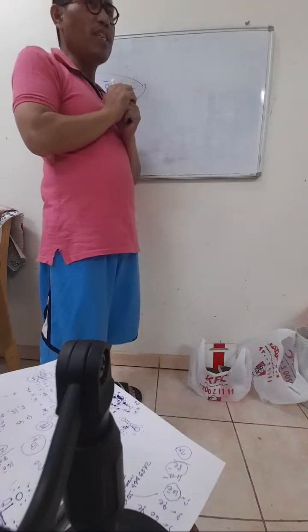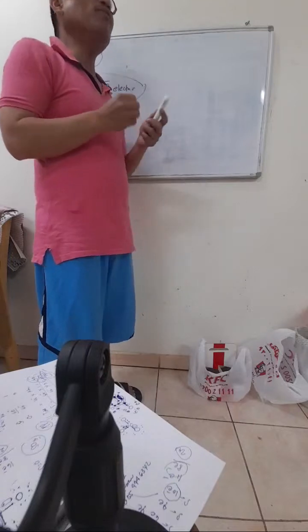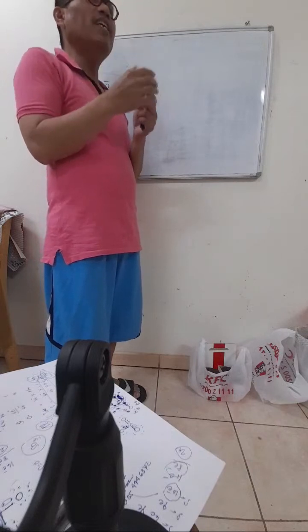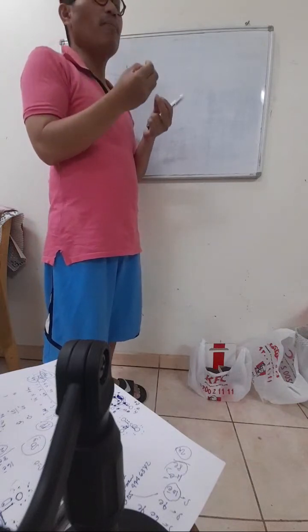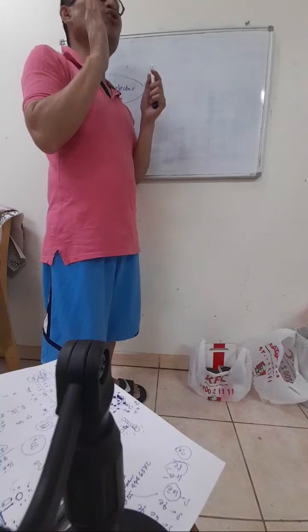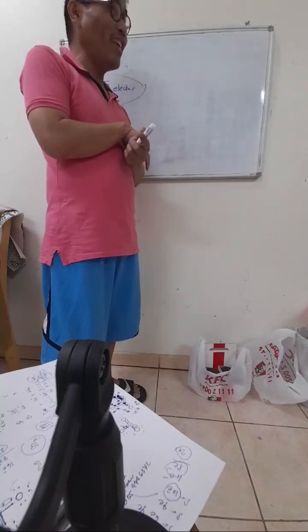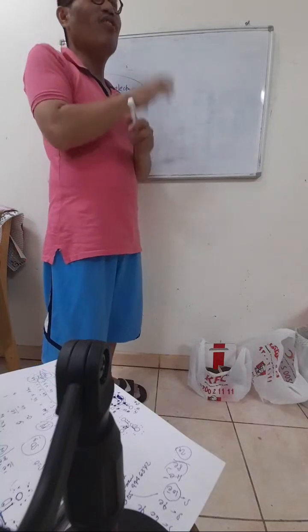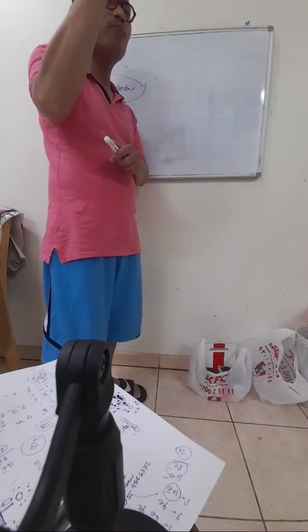You get the point? Take the subscript of each element in the compound as your basis when you draw the Lewis diagram, and the center will be the least number of subscript.